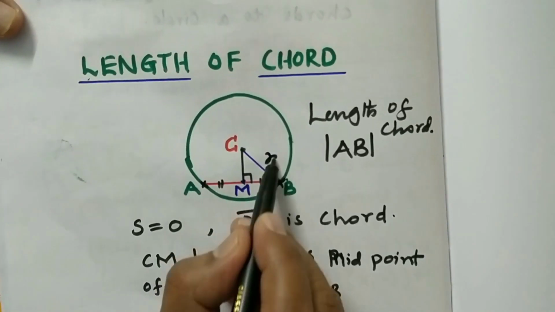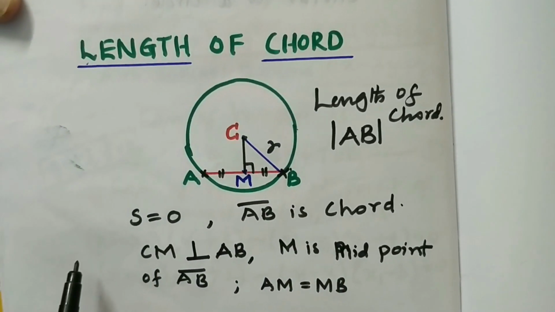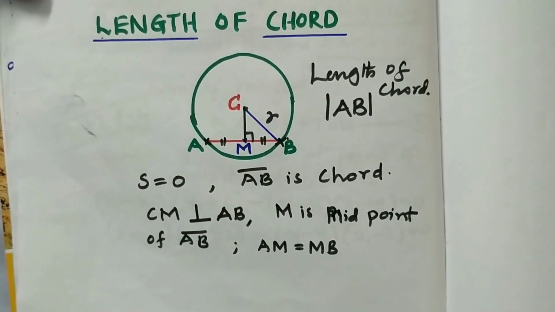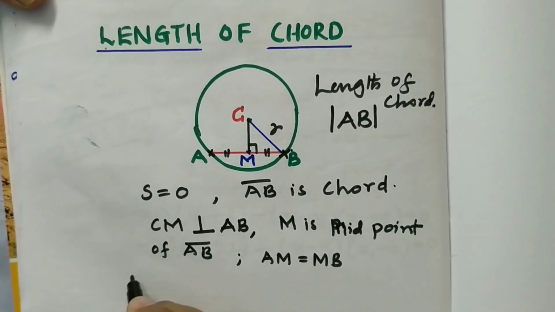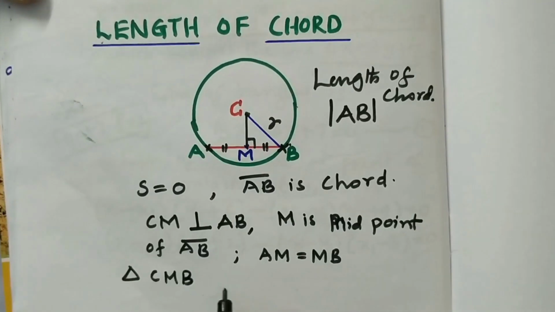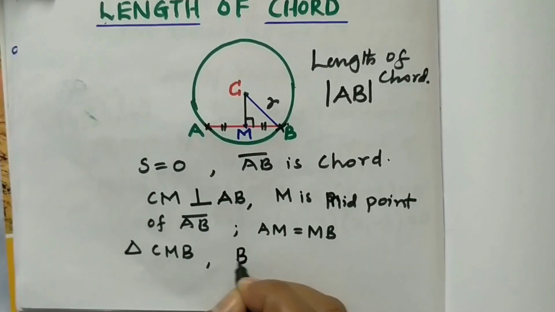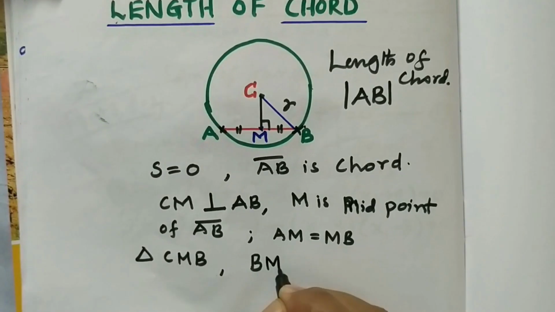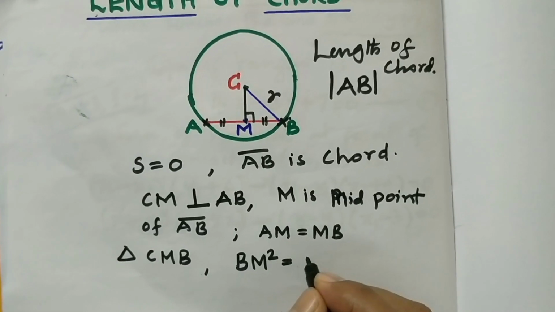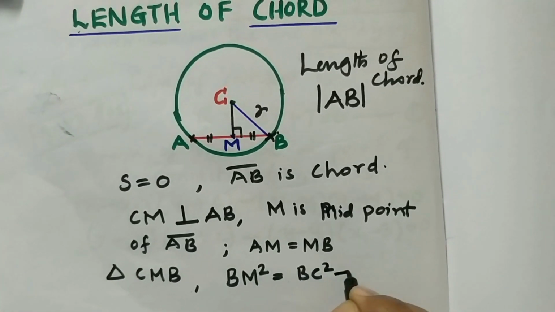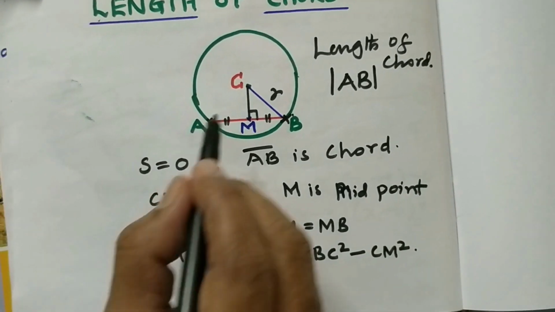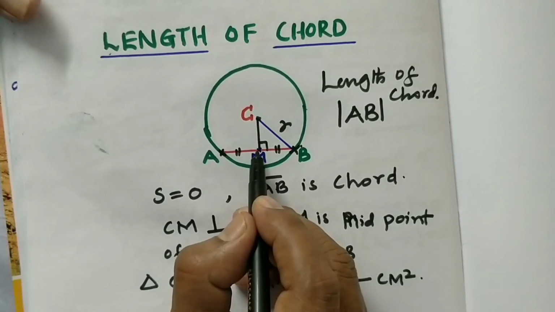Right? So from the triangle CMB, by the Pythagoras theorem, BM square is equal to BC square minus CM square. What is CM? This is the perpendicular distance from the center to the line AB.